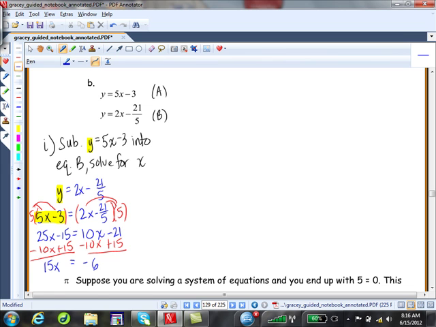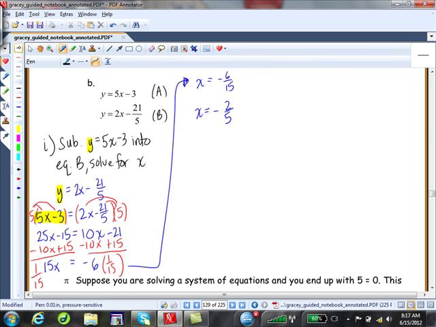And then multiplying both sides by 1/15, we'll get x is equal to -6/15, and I believe we can reduce that so x is -2/5.